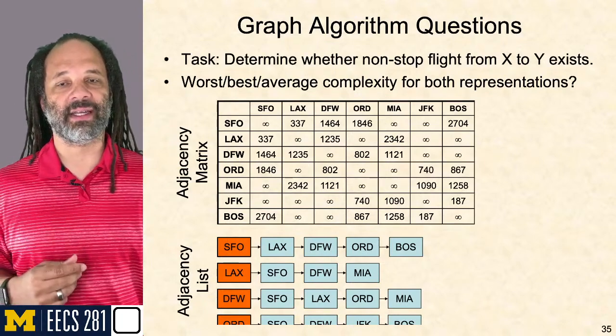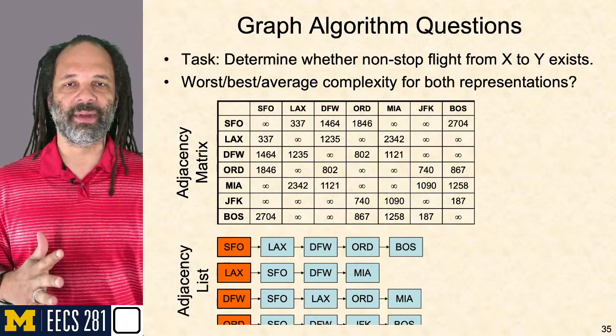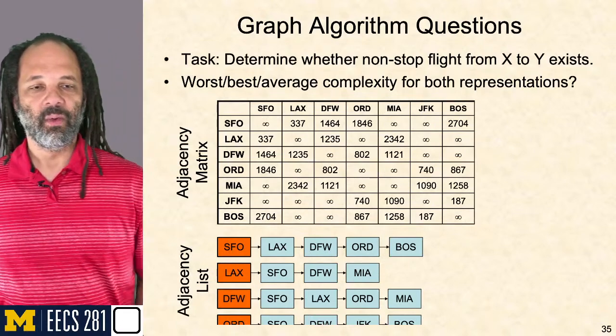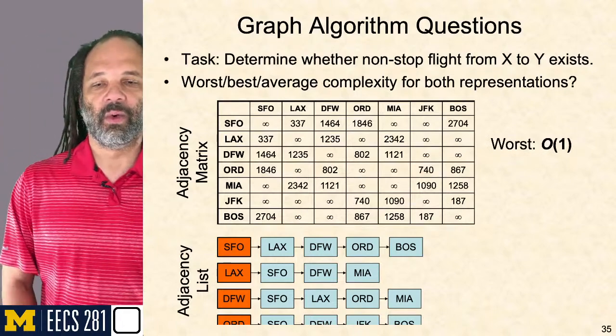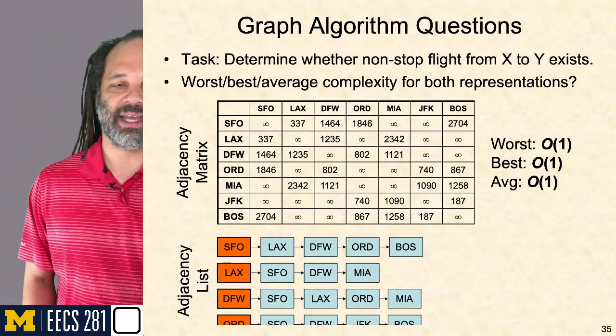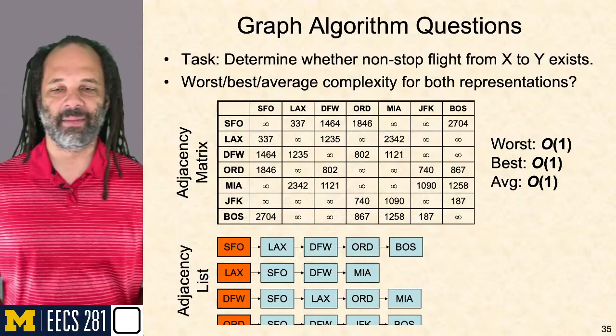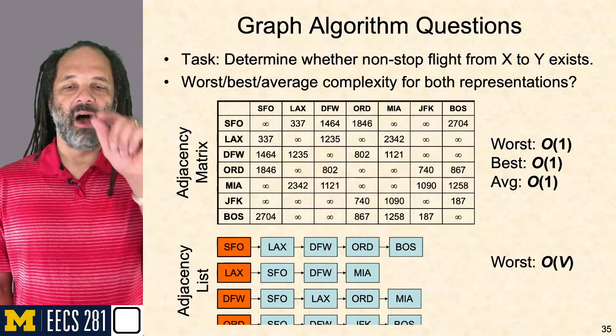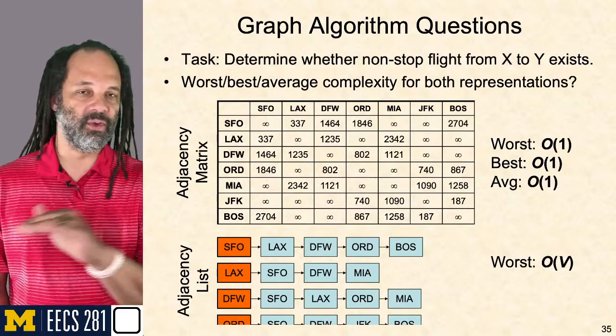But my average case is going to say that they're roughly distributed evenly, so I'm looking at E over V there. So we can see, as I pump through the answers, for the adjacency matrix, worst case is constant time, best case constant time, and average case somewhere in the middle, that's constant time. On the adjacency list, the worst case is all of the items are in this SFO list and I have to look through all of them to find it.